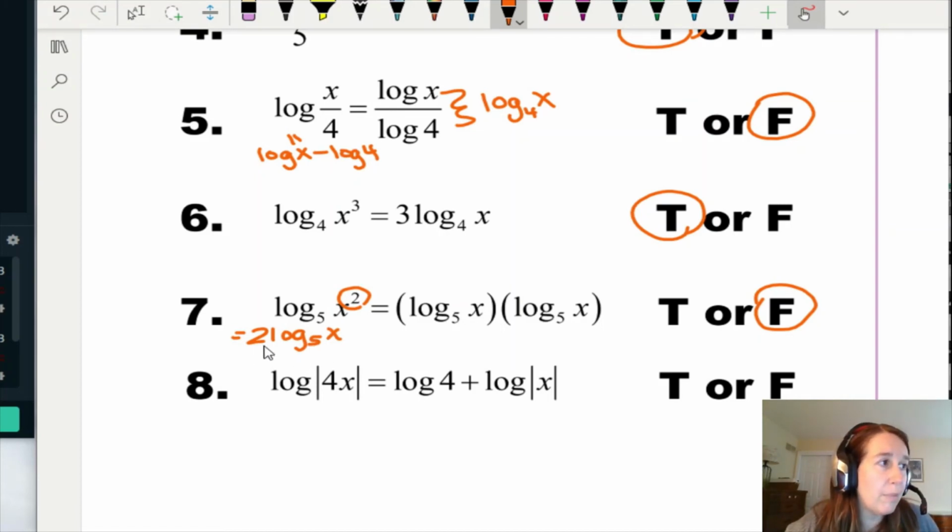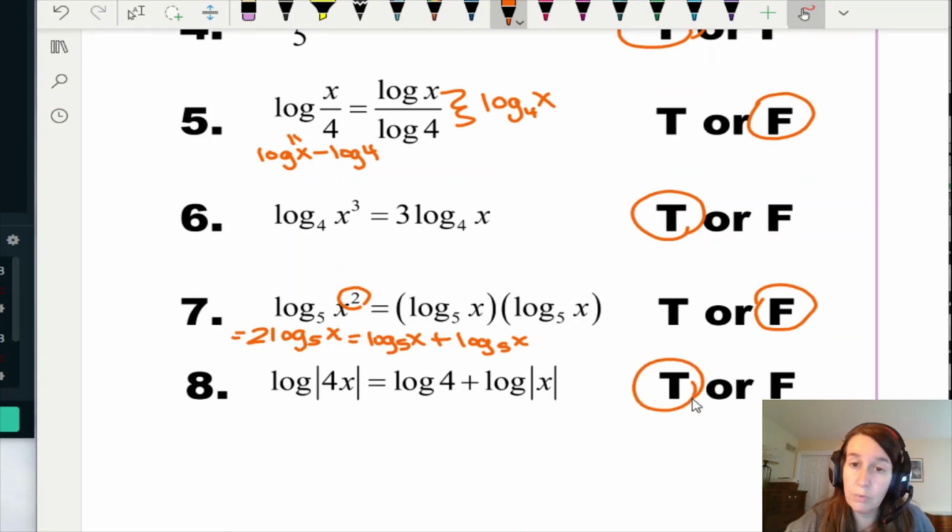But 2 log base 5 of x means there's like 2 of them. So that would be the same as log base 5 of x plus another log base 5 of x, not multiplied together, okay?